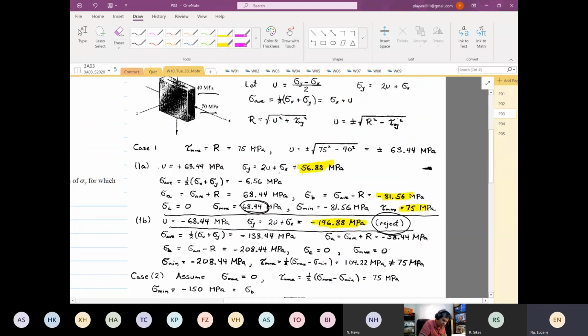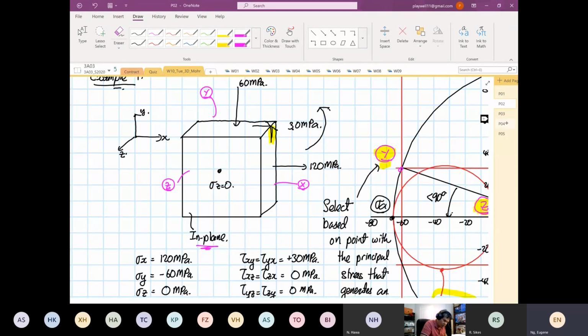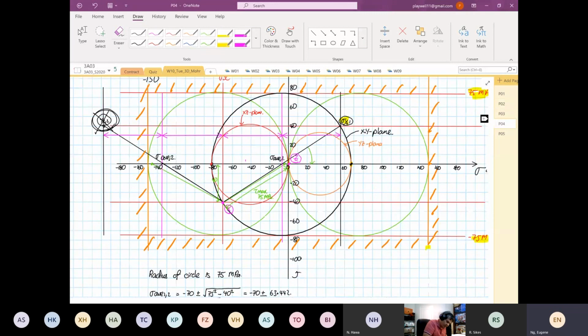They're trying to calculate this, okay, and then they're calculating 81.56. So if you look at our Mohr circle, this is also 81, right? So that's what they're calculating. We just draw it. By drawing this, it explains everything that you cannot go outside the what? Outside the circle.